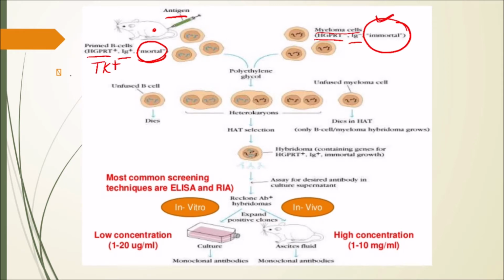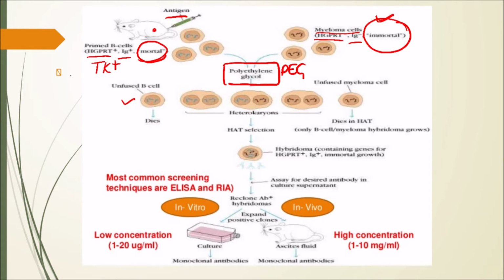So these B cells and myeloma cells are fused in polyethylene glycol, that is PEG. Three conditions could be generated, that is unfused B cells, some fused cells, and unfused myeloma cells.